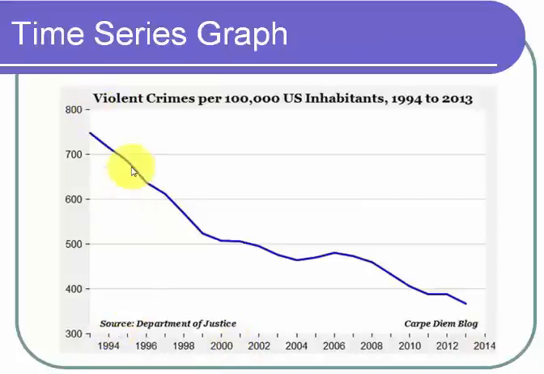This is a time series graph of violent crimes per 100,000 U.S. inhabitants from 1994 to 2013. So we can see very clearly that as time has moved forward, the violent crimes per 100,000 inhabitants has really gone down by a lot.